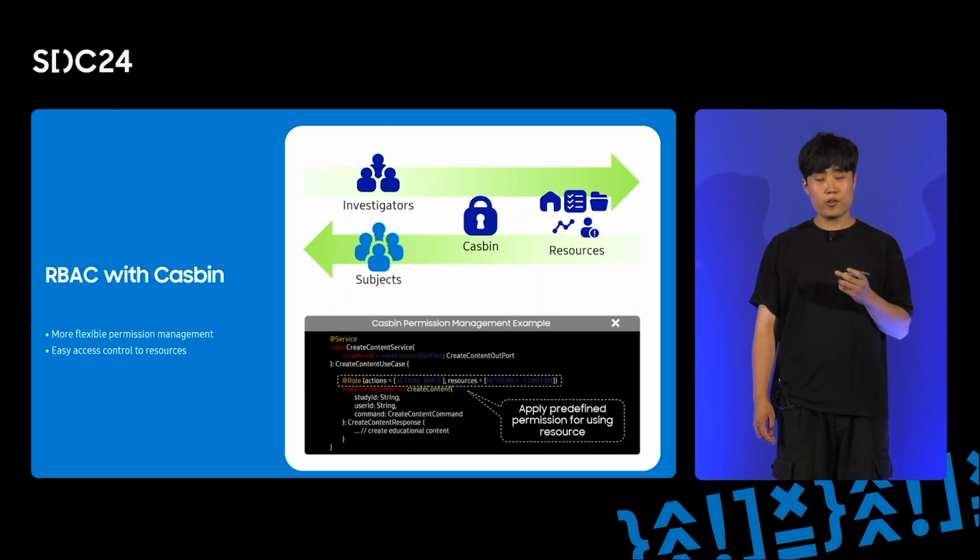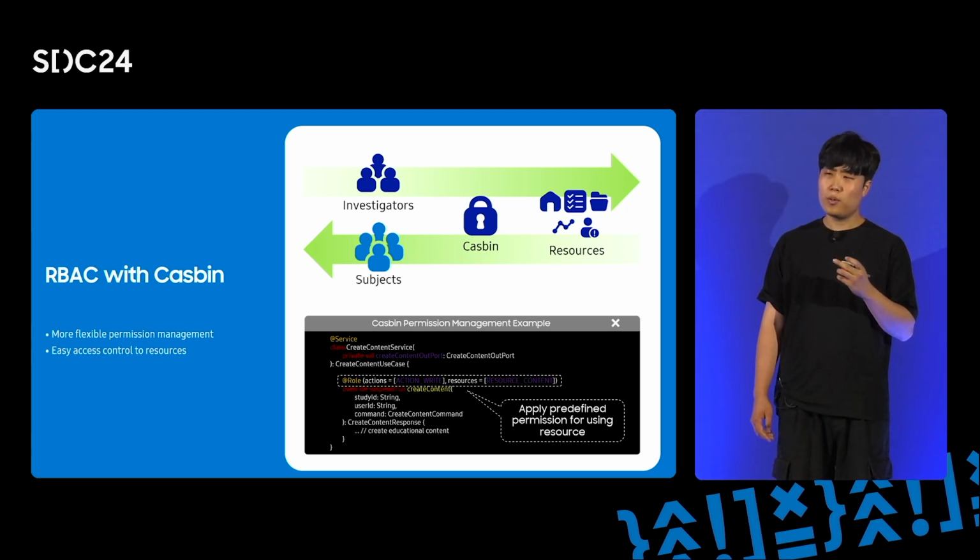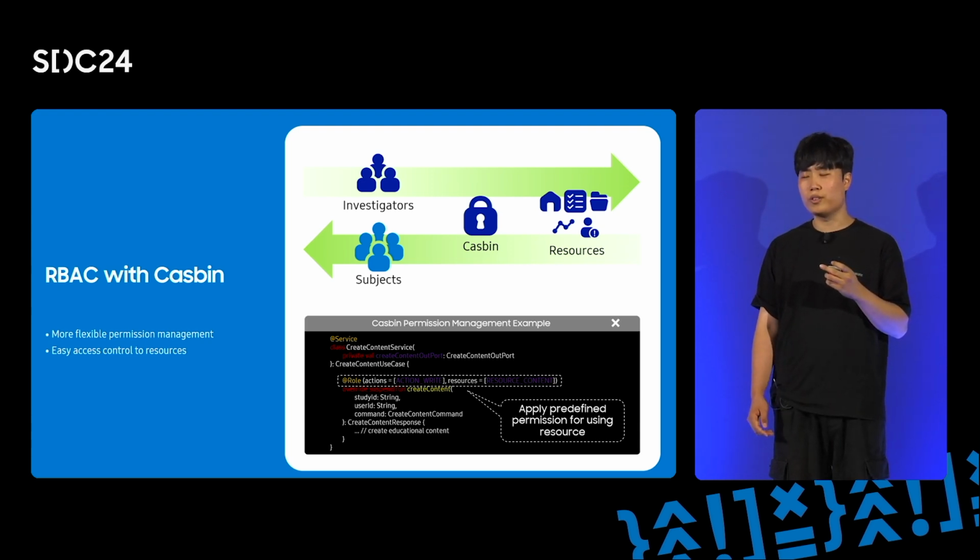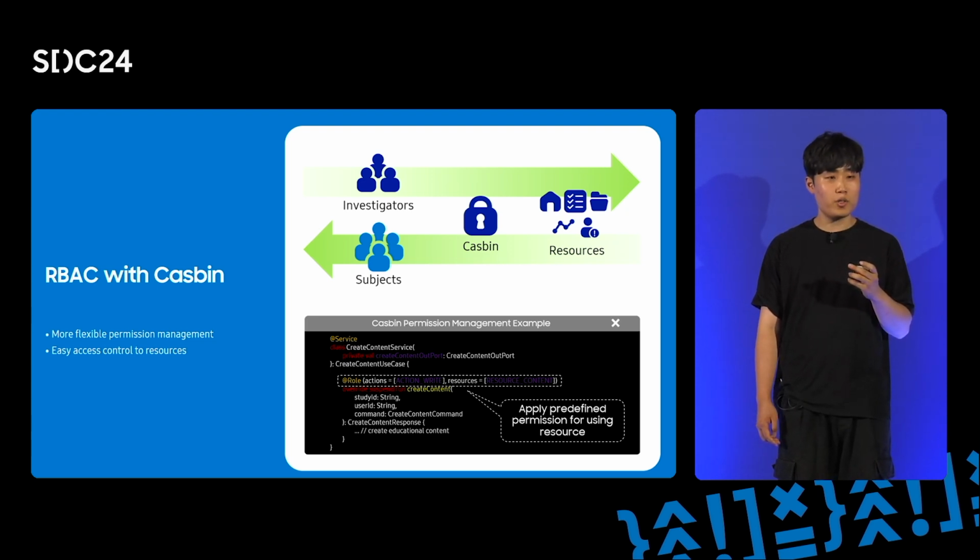In the previous version of Samsung Health Research Stack, Supertokens was used for managing permissions of the service. But customizing fine-tuned access control was not very straightforward. So Casbin is introduced in the 2.0 version of the Samsung Health Research Stack.